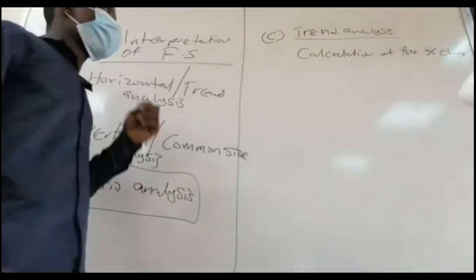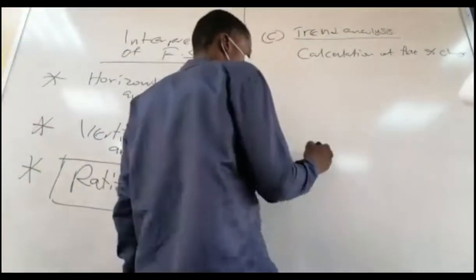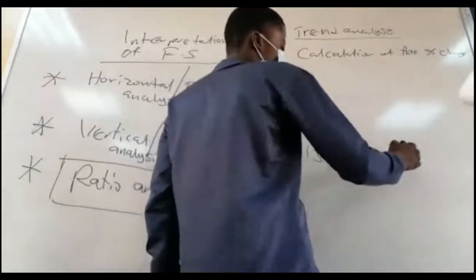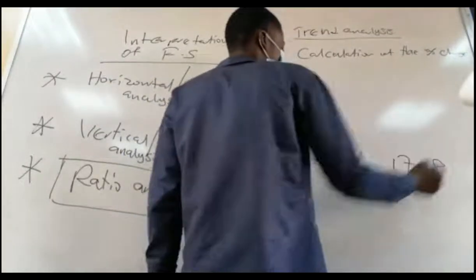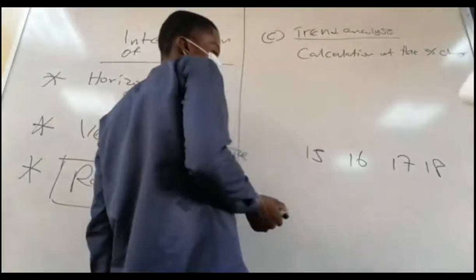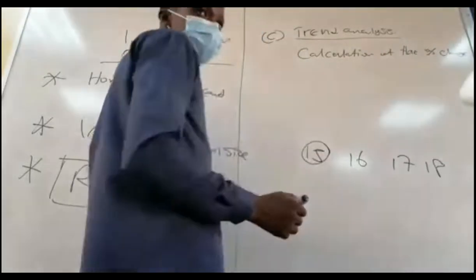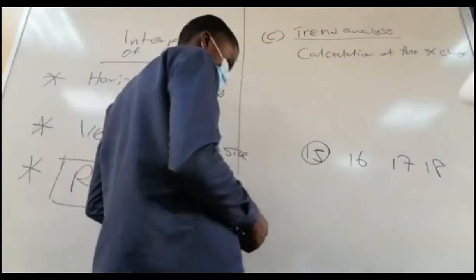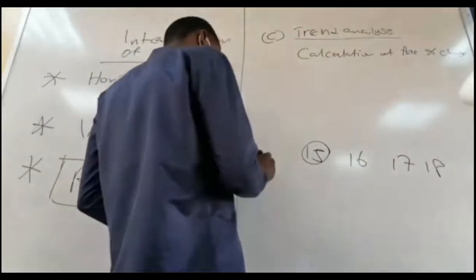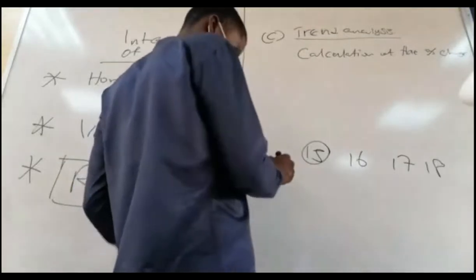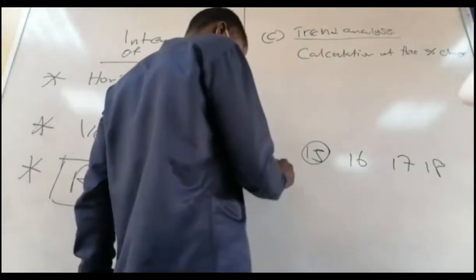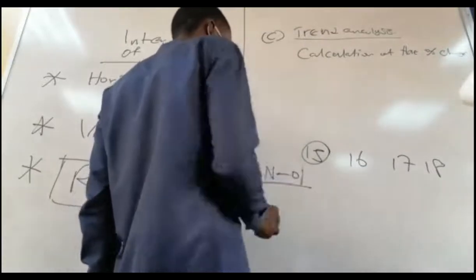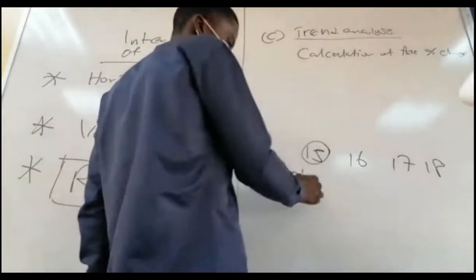One thing about trend is that if I have 2015 here, 2016, 2017, and 2018, we cannot get the trend for the first year. Why? We don't know 2014. But we said that trend or percentage change is equal to the new minus the old, all divided by the old, times 100.